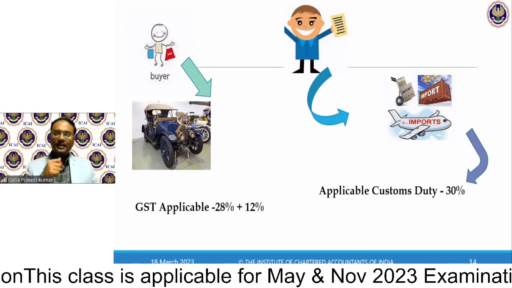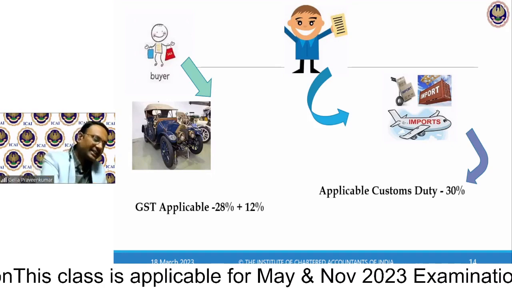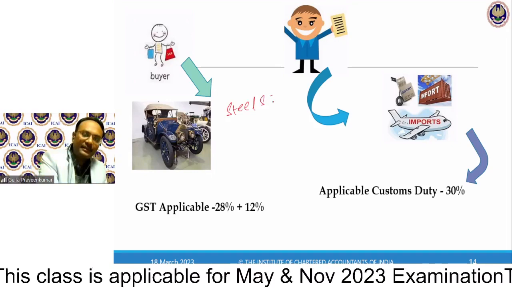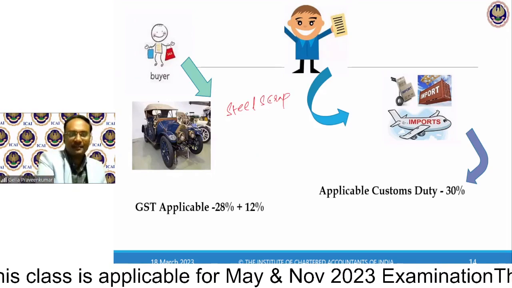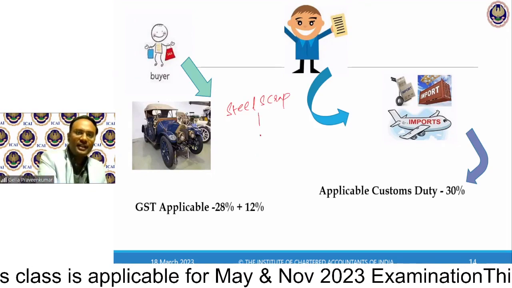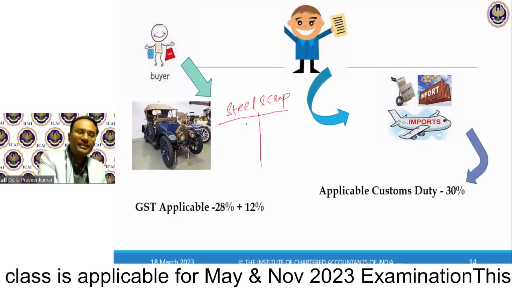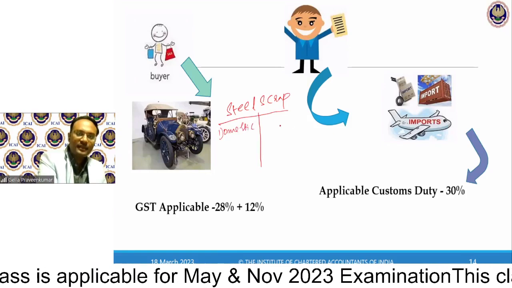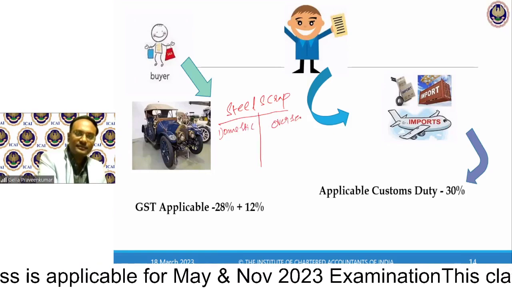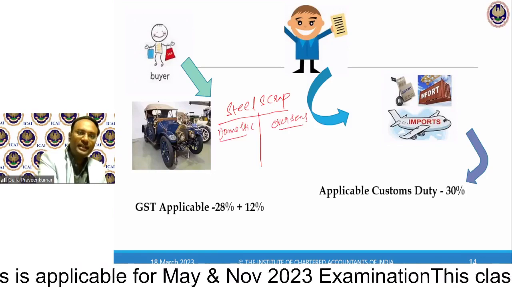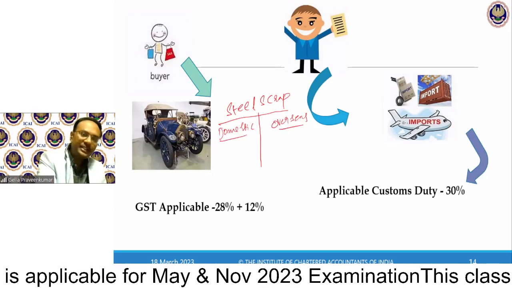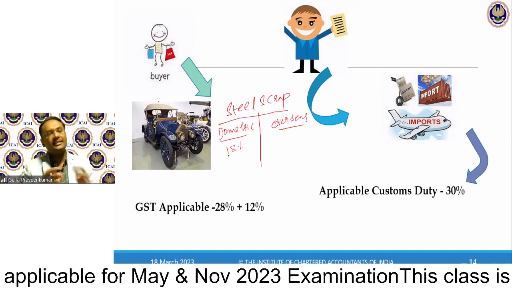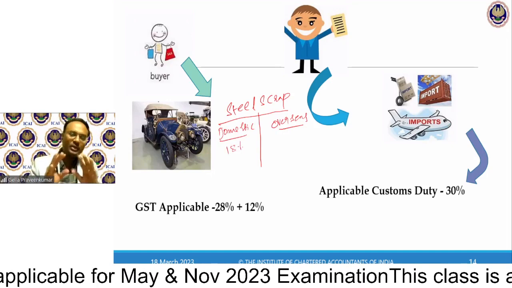One of my examples, if you recollect, was steel scrap. Generally, consider the domestic market vis-a-vis the overseas market. For a moment, this steel scrap is subjected to 18% if manufactured. These days we don't have central excise any more, we have only GST.